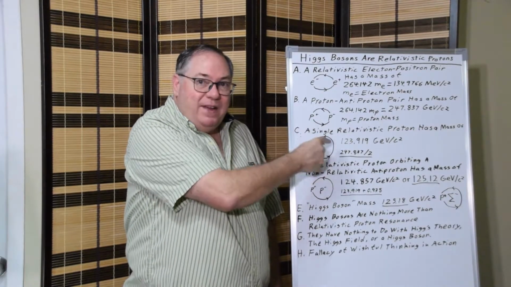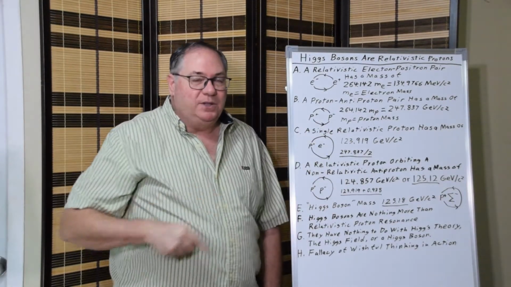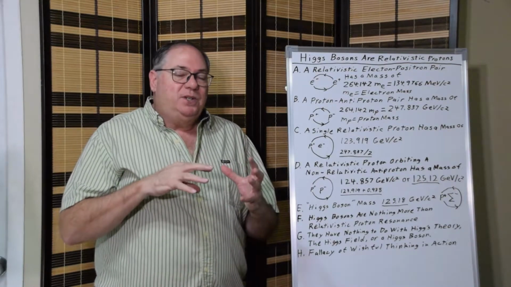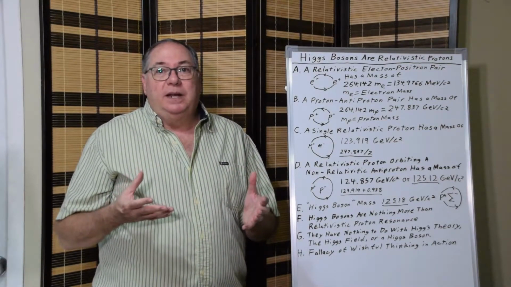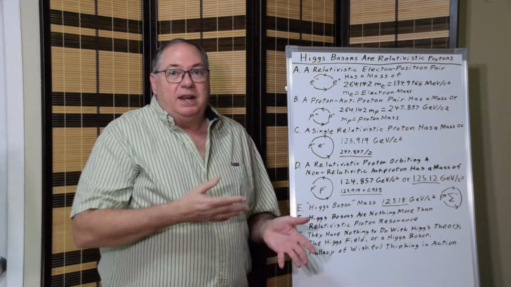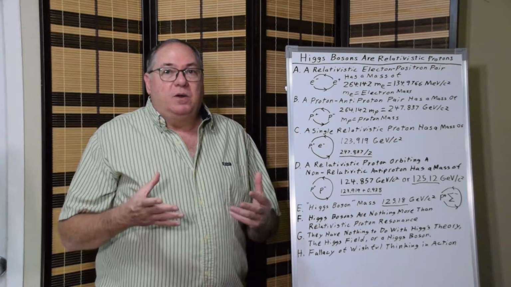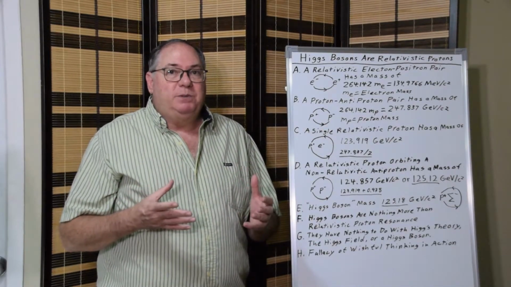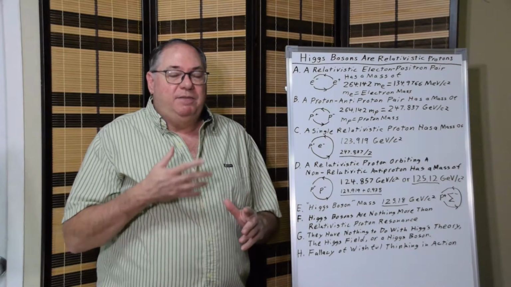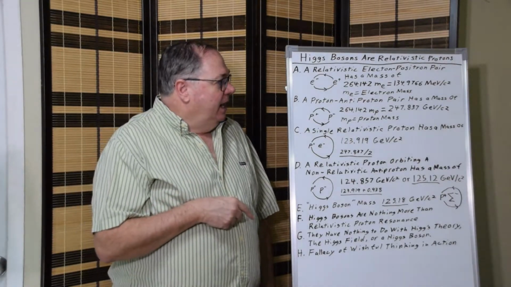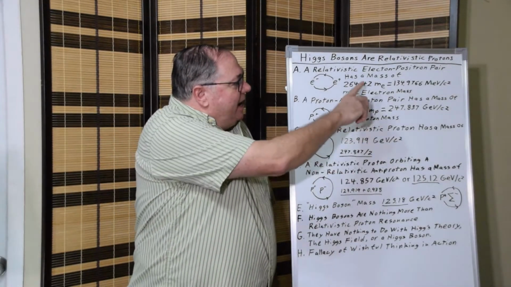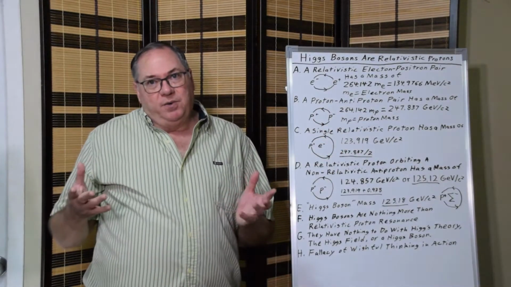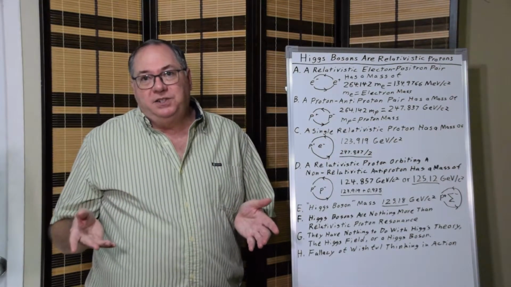But if you had another case where you have a single proton, and a single proton could be relativistically orbiting an electron even, just a negative particle, it's charge-based more than it is mass-based if you have just a single in orbit, then you get half the energy, which is 123.919 GeV.